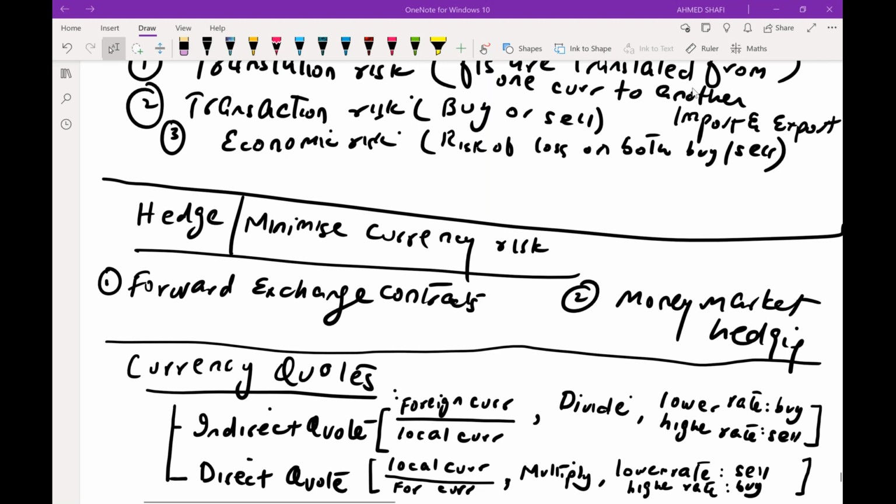You must know which is the home currency and which is not, because that helps you decide in determining the quotes. If foreign currency is in numerator and local in denominator, you say indirect quote. If local comes in numerator and foreign in denominator, you say it's a direct quote. So Marigold is based in a country which uses dollar as its home currency.